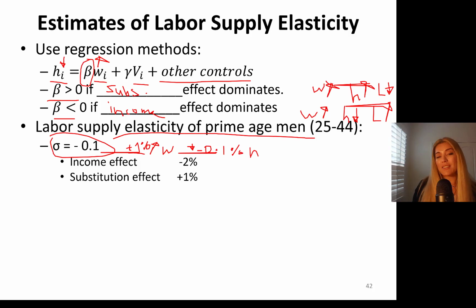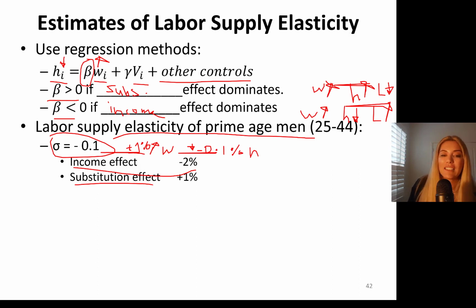Economists actually decomposed it, and they found that the income effect is about negative 2%. So there's a pure income effect pushing your hours down when wages go up by 1%. The substitution effect says hours will go up about 1%.